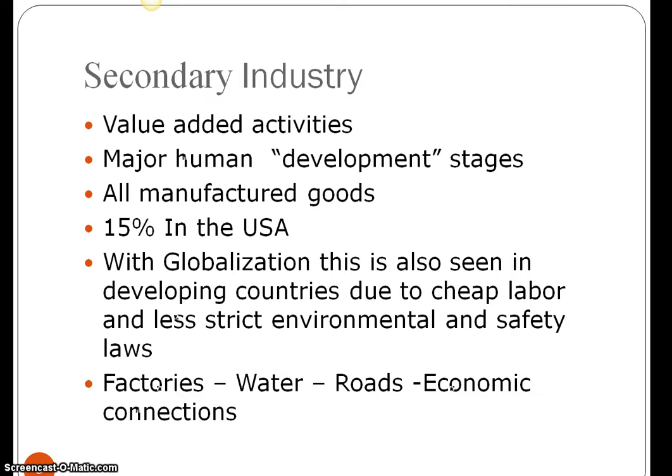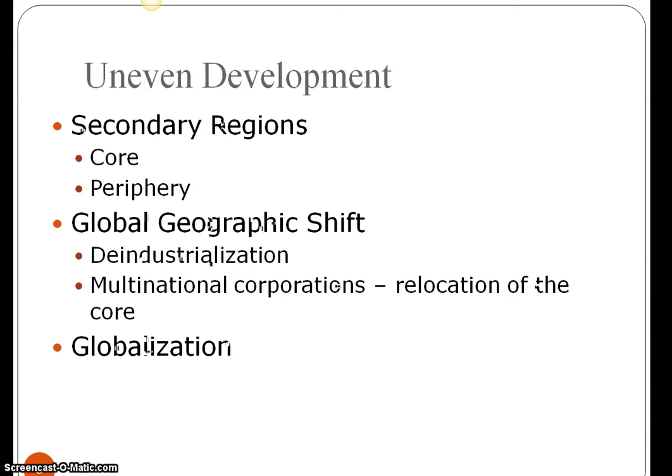With secondary industries, you see the need for developing infrastructure, so factories, roads, connections, water, and how to get rid of byproducts of an industry. And this is a very uneven development. You see regions of secondary industry where you might have a core of development and then periphery.